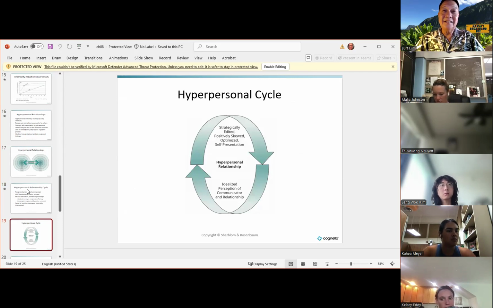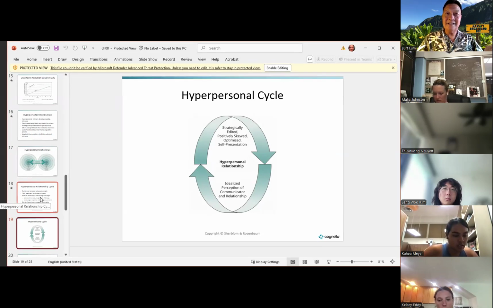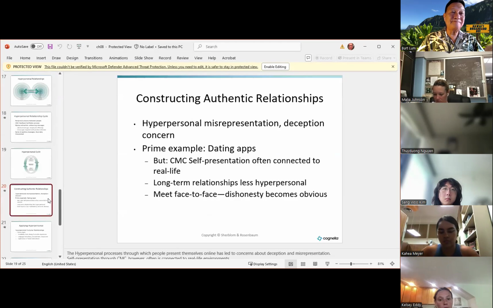And so this is the cycle, right? This cycle of strategically editing, positively skewed, optimized self-presentation. You get the idealized perception of the communicator and relationship. That sort of characterizes this hyperpersonal relationship.